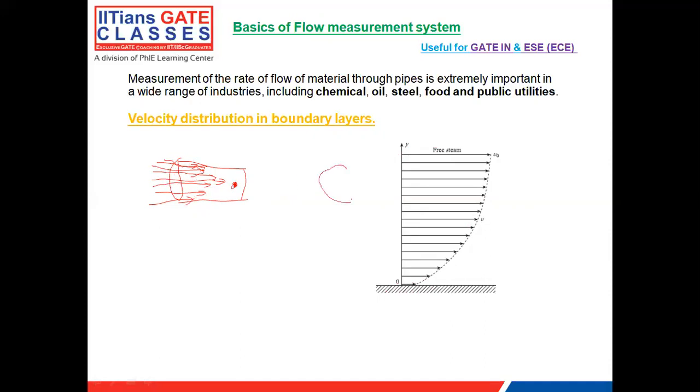If you see the cross sectional area, this is the middle, and this is the complete radius, capital R. In the middle of this pipe, the fluid velocity will be maximum, and as you go towards the boundary layers, the velocity will keep on becoming less. So this is the complete profile of half of the pipe, 0 to R.